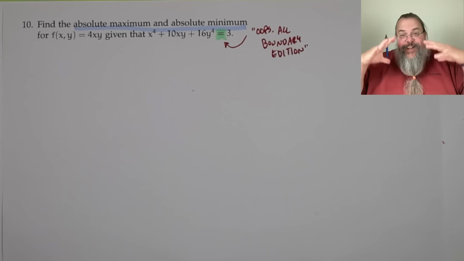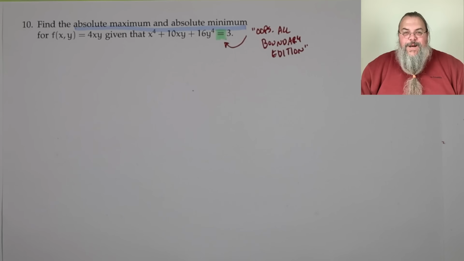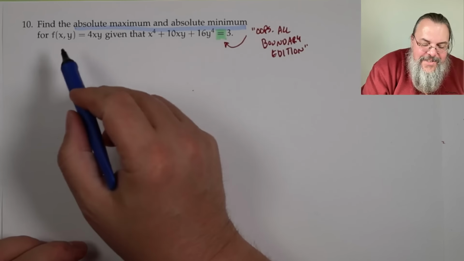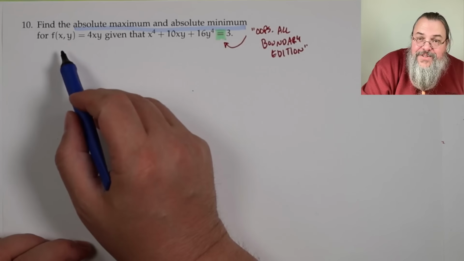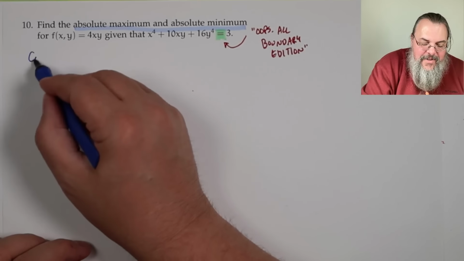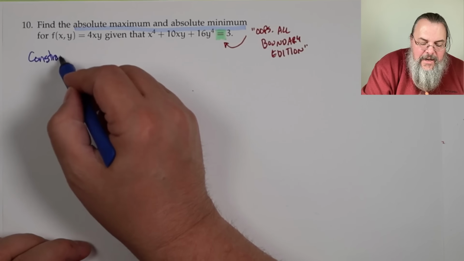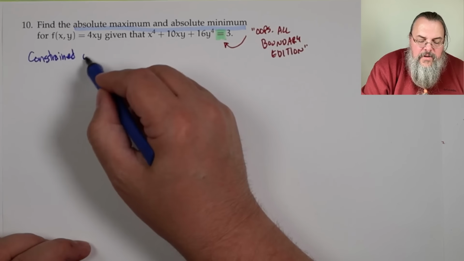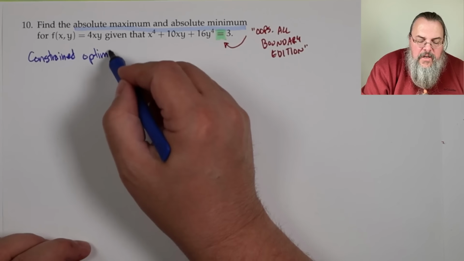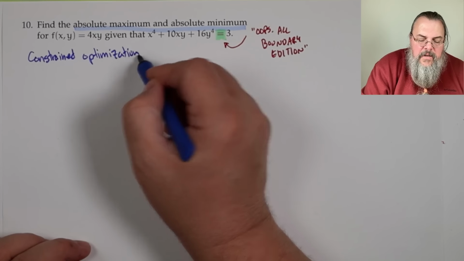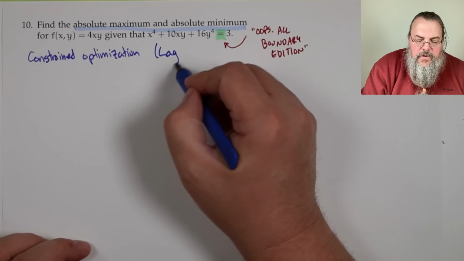Okay. Yeah, it's a Lagrange multiplier problem, right? So it's a constrained optimization. All right. Now, how does that work? So constrained optimization and Lagrange multiplier.